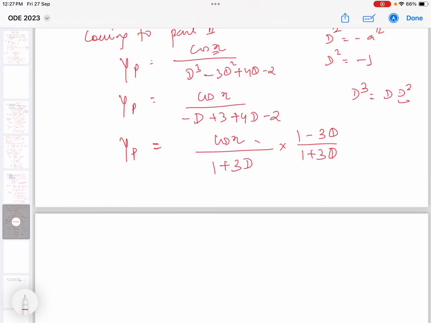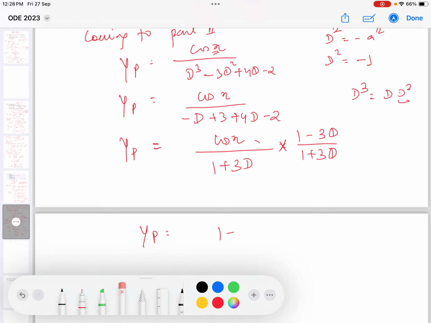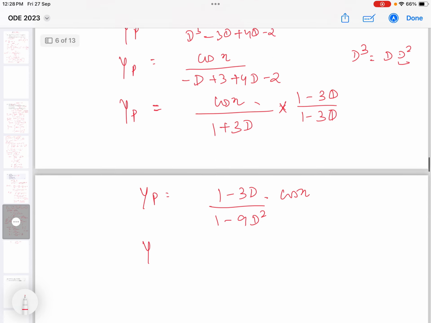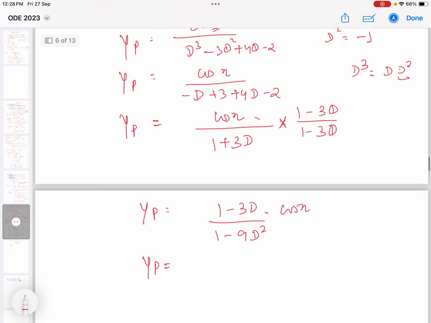Yp is equal to this cos x. What we get here is 1 minus 3D over 1 minus 9D square, cos x. We put D square as minus 1, so it becomes minus 1 into minus 9, 10.